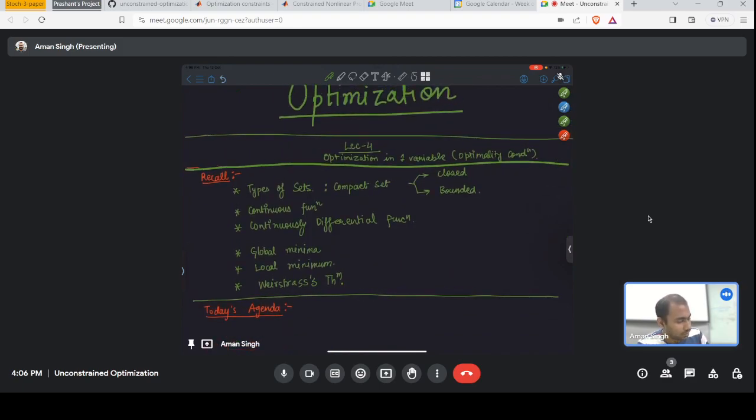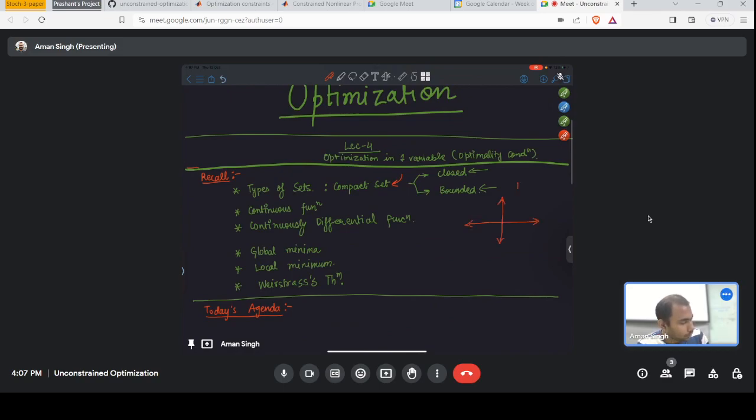In the last lecture we defined various types of sets, for example open set, closed set, and bounded set, and based on that we finally defined what are compact sets, which are of importance for us. All the sets which are closed and bounded are compact sets.